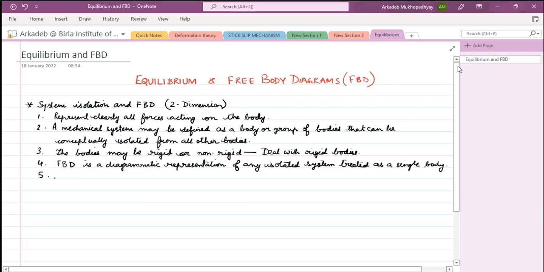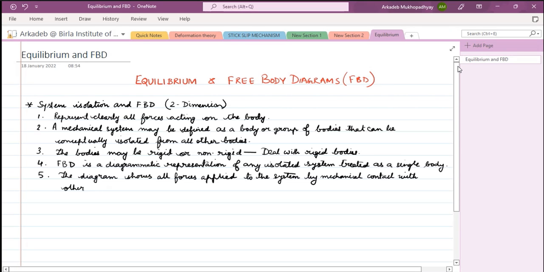And finally, the diagram shows all forces applied to the system by mechanical contact with other bodies, which are imagined to be removed.